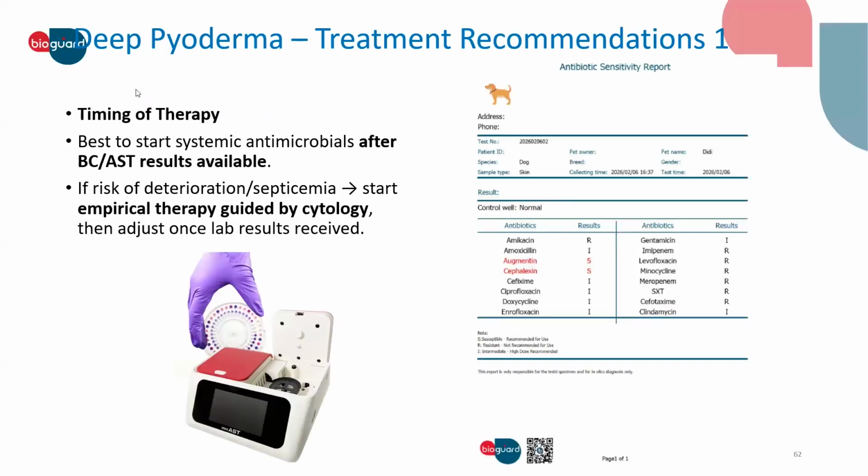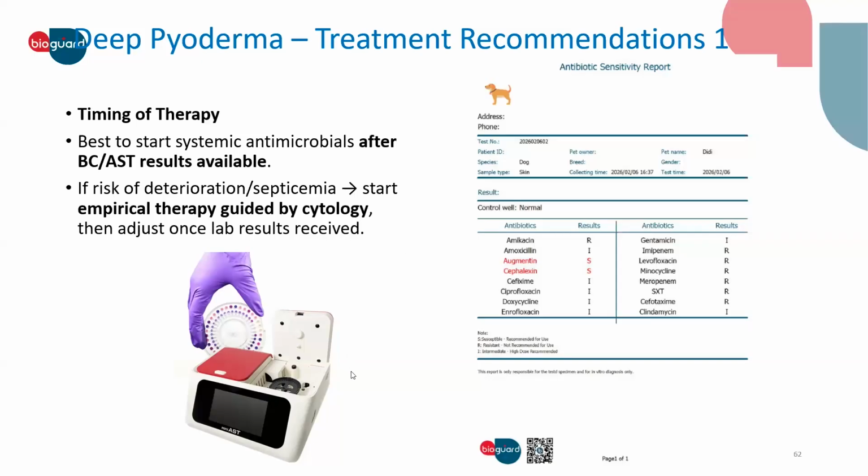And then the timing of therapy. Because deep pyoderma usually requires systemic antimicrobial treatment, it's best to start systemic antimicrobials after the BCST result is available. And if there is a risk of deterioration or septicemia, then you can start empirical therapy guided by cytology, then adjust once the lab result is received.